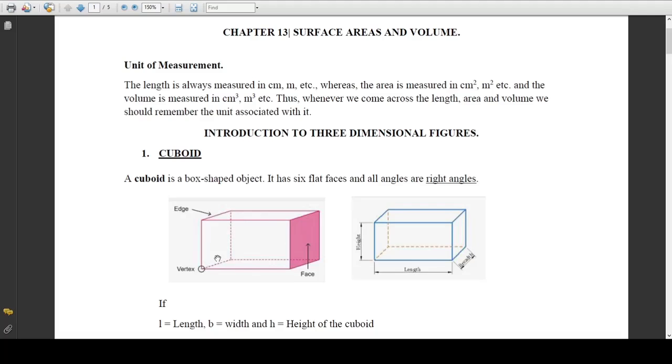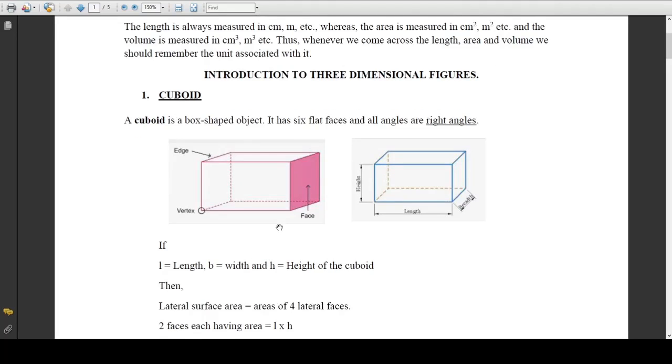The length will always be denoted by L, breadth, sometimes we call it width, by B, and height of a cuboid by H. If we denote it like this, what will be the surface area of a cuboid?